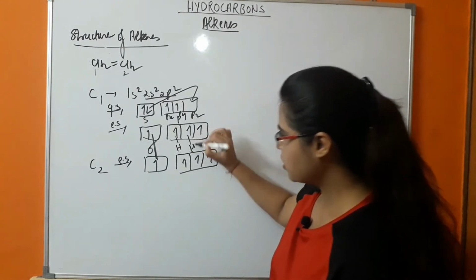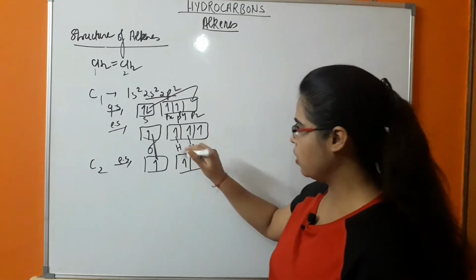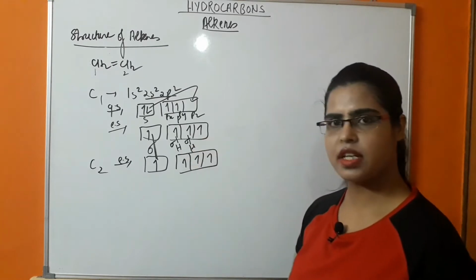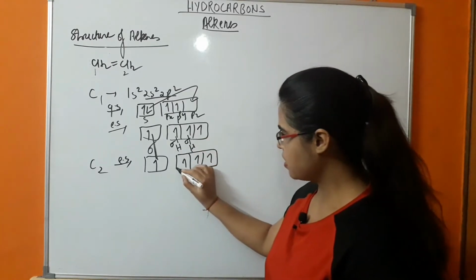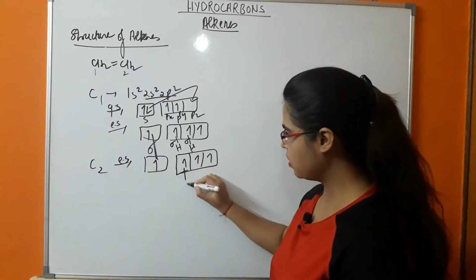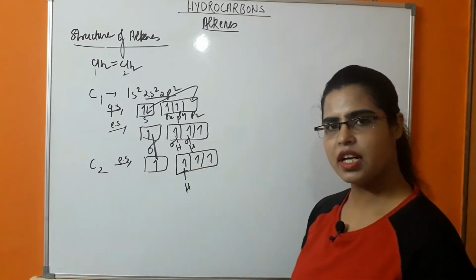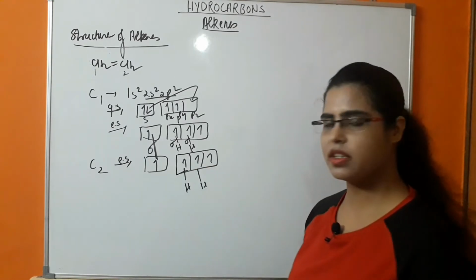One more hydrogen, and these are also sigma bonds. Similarly, the second carbon also bonds with two hydrogens.